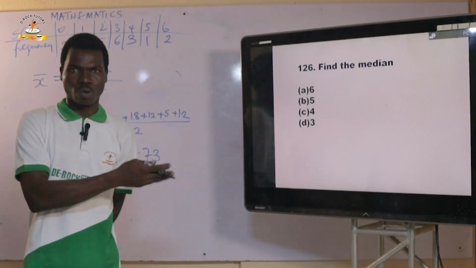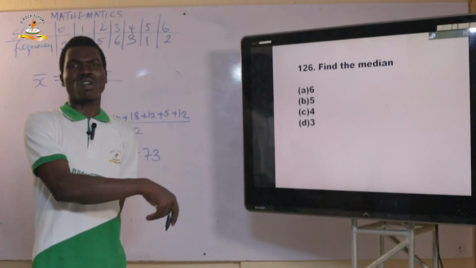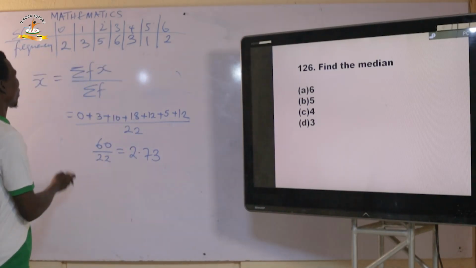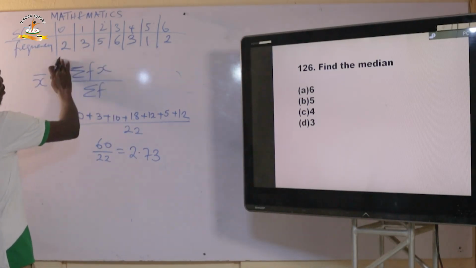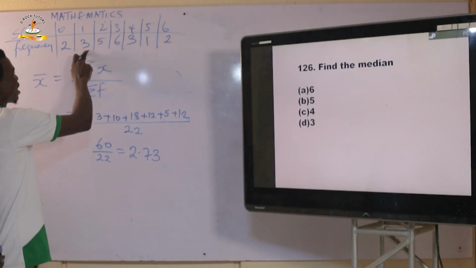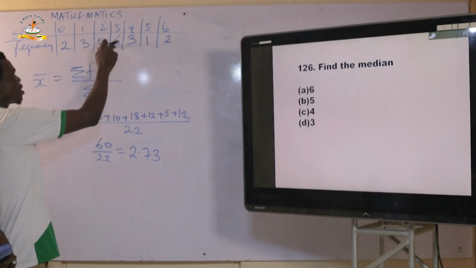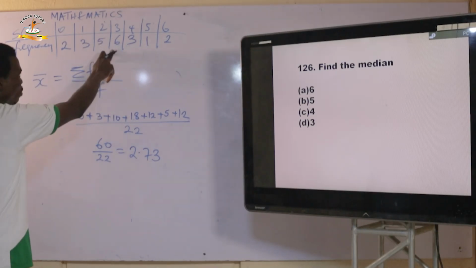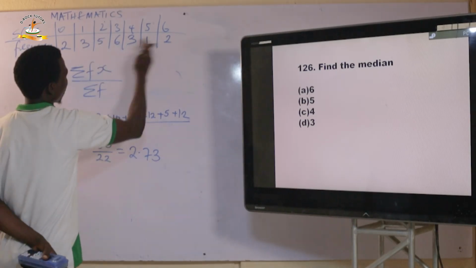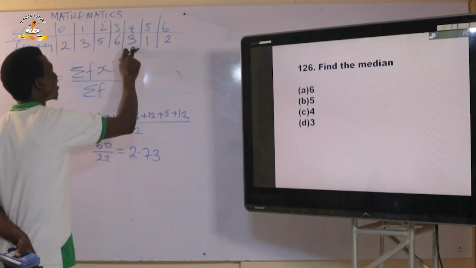So apparently how you do it is you break the number into 2. So the total frequency is 22. I break it into 2. I look at where the 11th number is going to fall. So let's see if I can start from either end. If I start here, 2 plus 3 is 5, plus this 5 is 10. So the 11th number is going to fall here. Here, let me start from this other end. 2 plus 1 is 3, 3 plus 3 is 6.